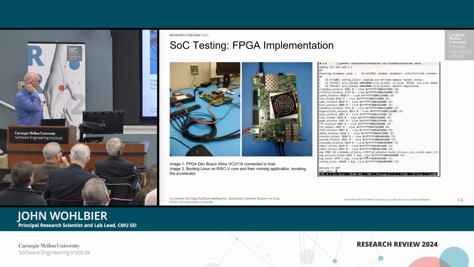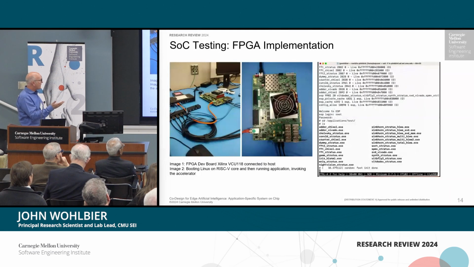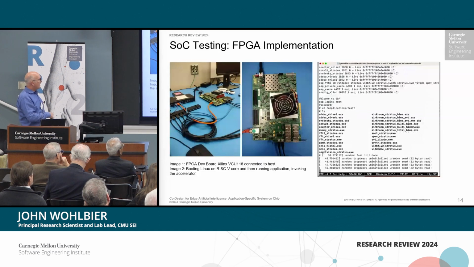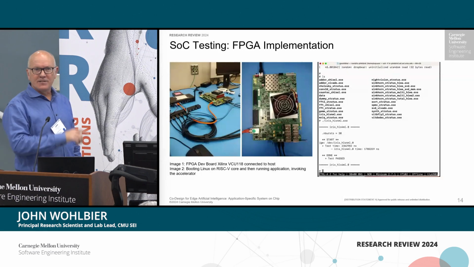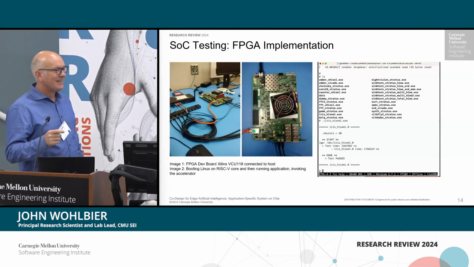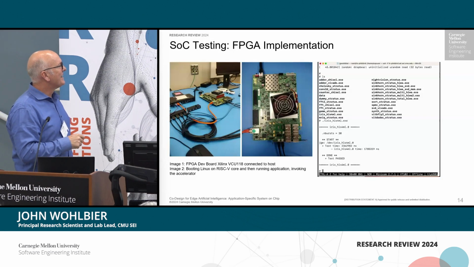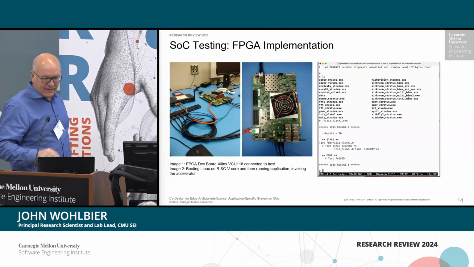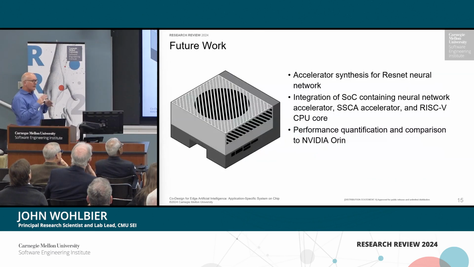So it's booting, and then you log into it, and then you go to the application that you want to run, and then you run it, and it passes. Doesn't pass the first time, I can guarantee you. Takes a long time to get it passed, actually. Yeah, so that's sort of what it looks like.